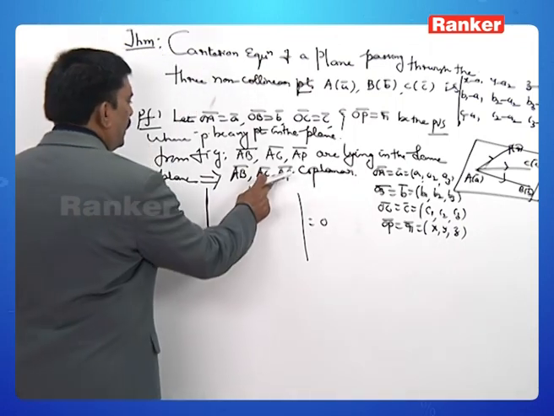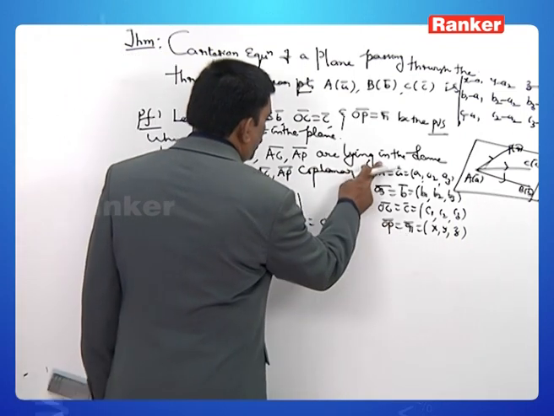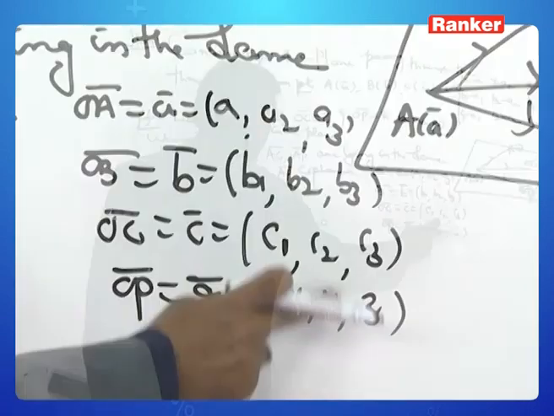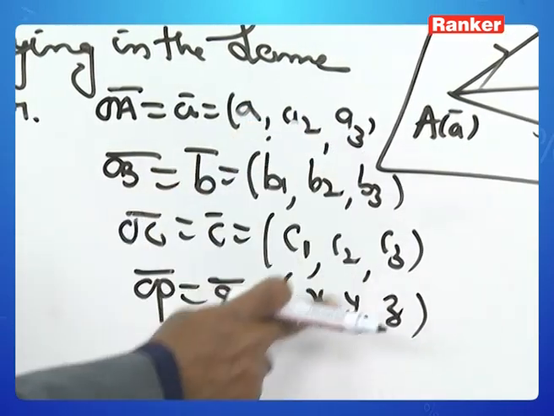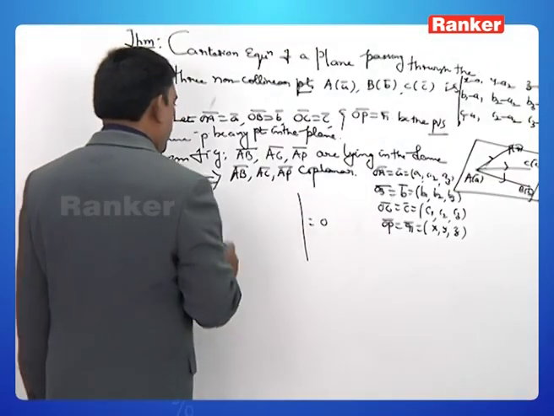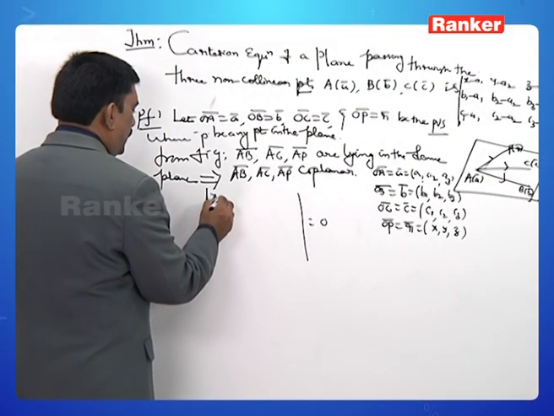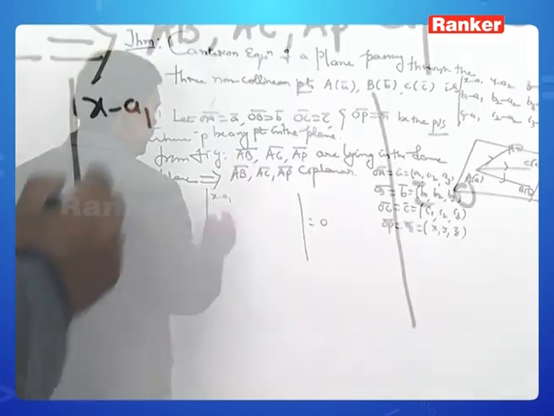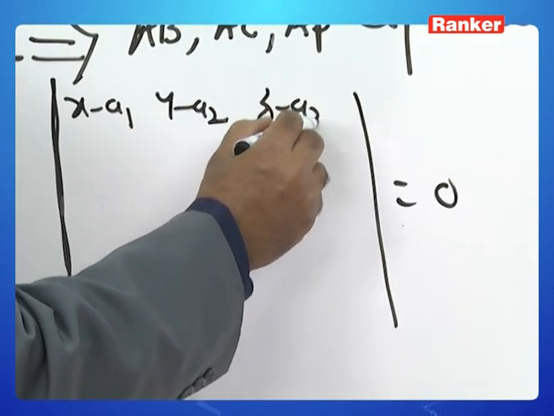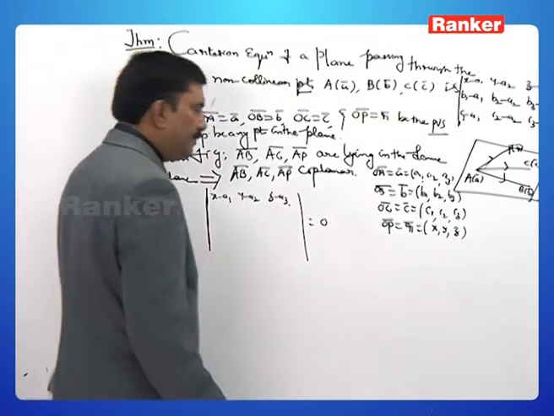What is AP bar? OP minus OA: (x minus A1) into i, plus (y minus A2) into j, plus (z minus A3) into k. Next, I can write here x minus A1, y minus A2, z minus A3. Followed?